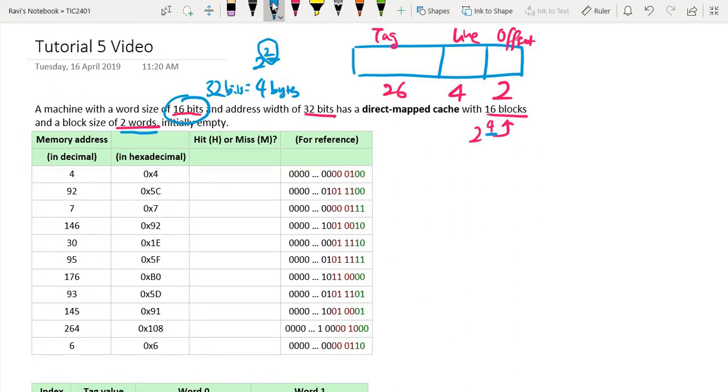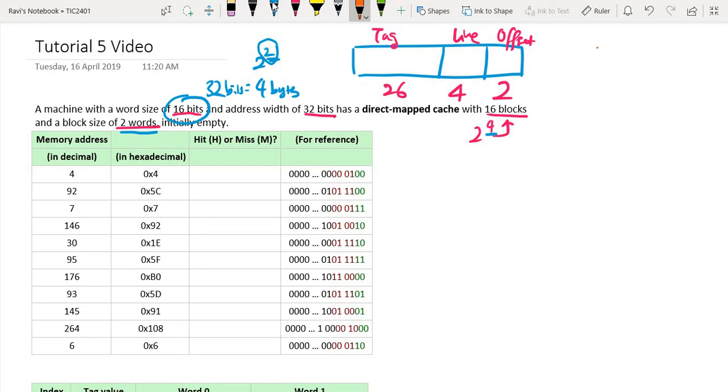Now the other important thing is understanding where the memory will be mapped to inside the cache. Since I have an offset of 2 bits, that means 4 bytes per cache line.